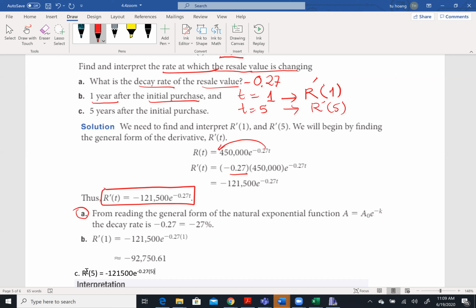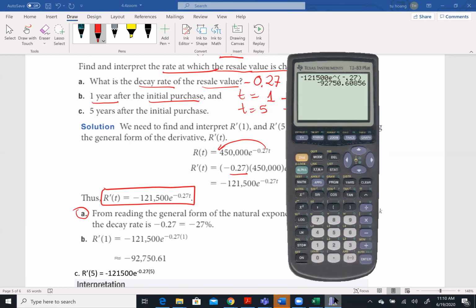Okay, so what is that going to equal? Need to use the calculator again: negative 121,500 times e to the power of parentheses negative 0.27 times 5.